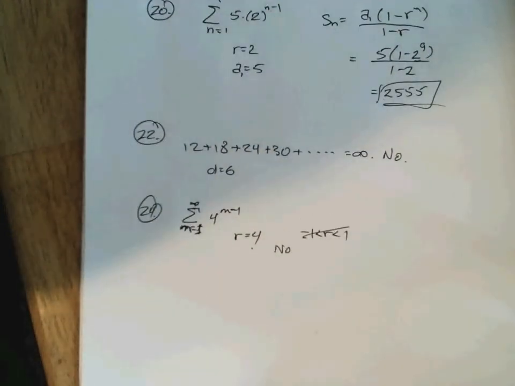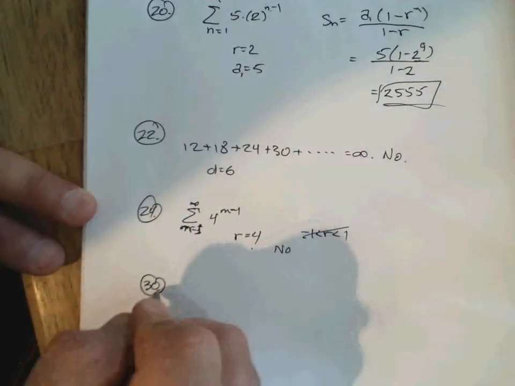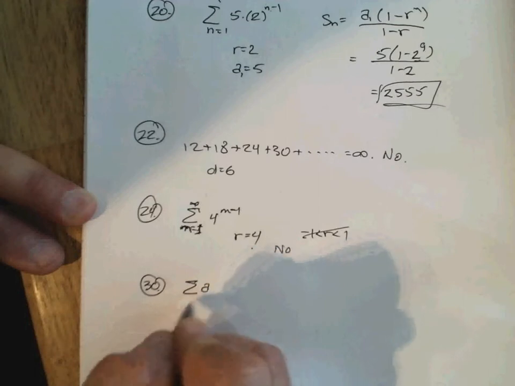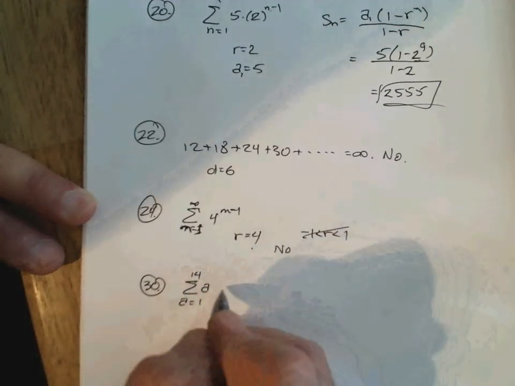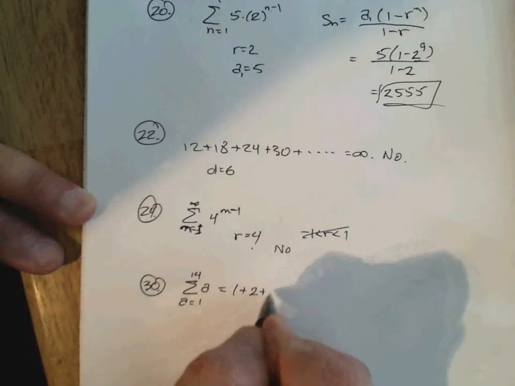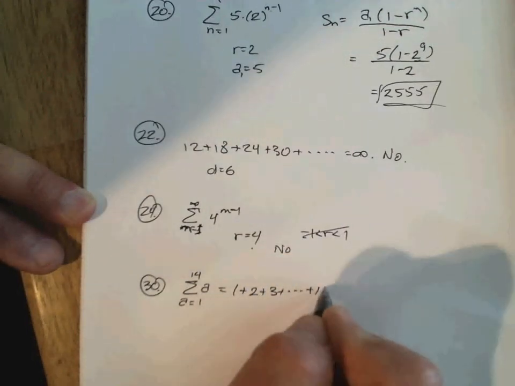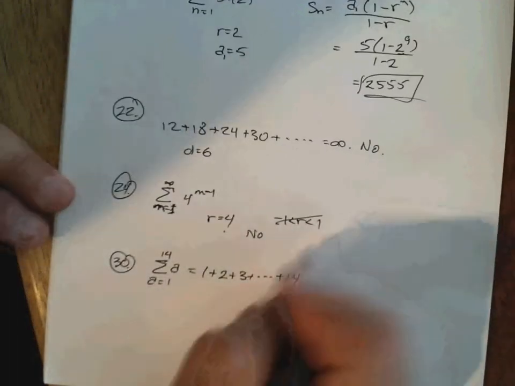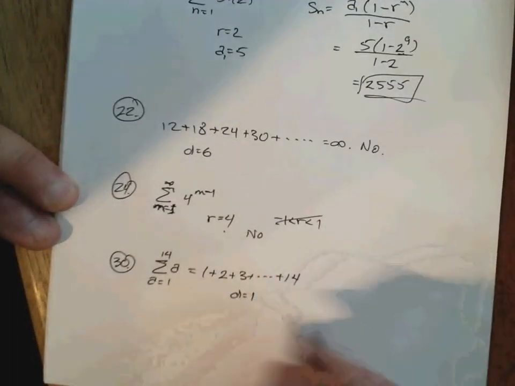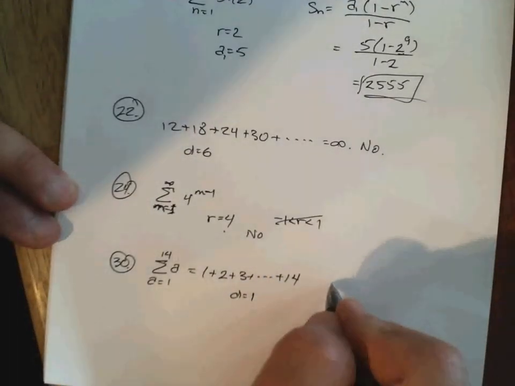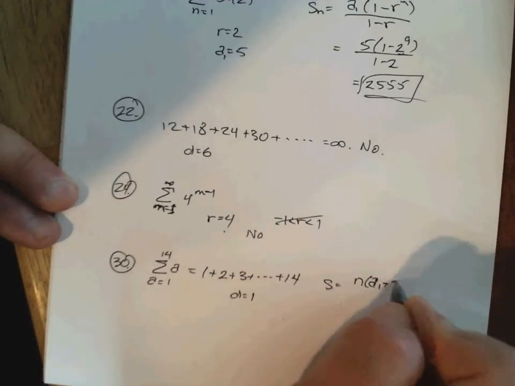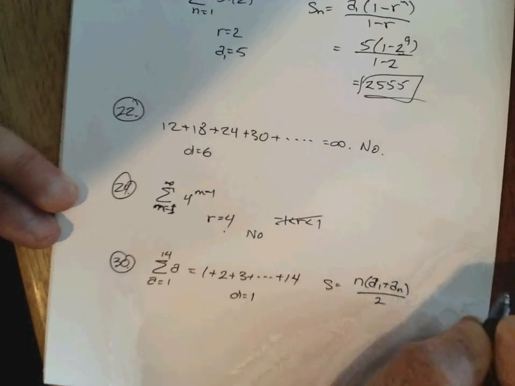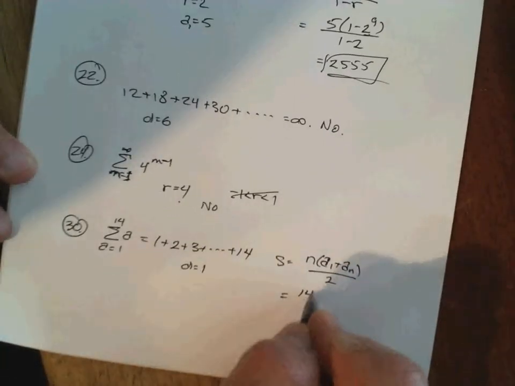All right, let's take a look at number 30. Find the indicated sum. A runs from 1 to 14. And we're summing A, so that means basically 1 plus 2 plus 3 up to 14. Well, that's an arithmetic sequence with a common difference of 1, isn't it? And so we know the formula for that arithmetic sequence sum is n times the first term plus the nth term divided by 2.